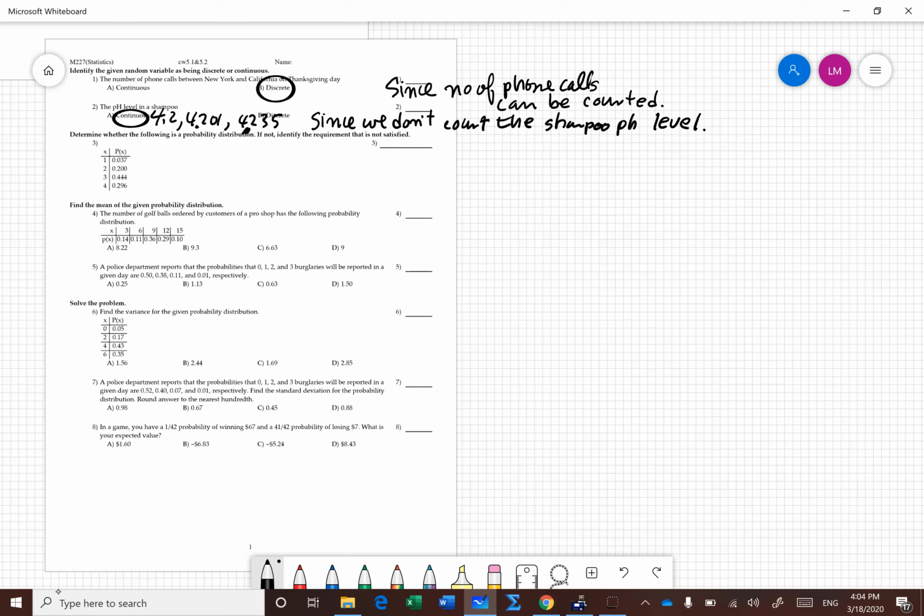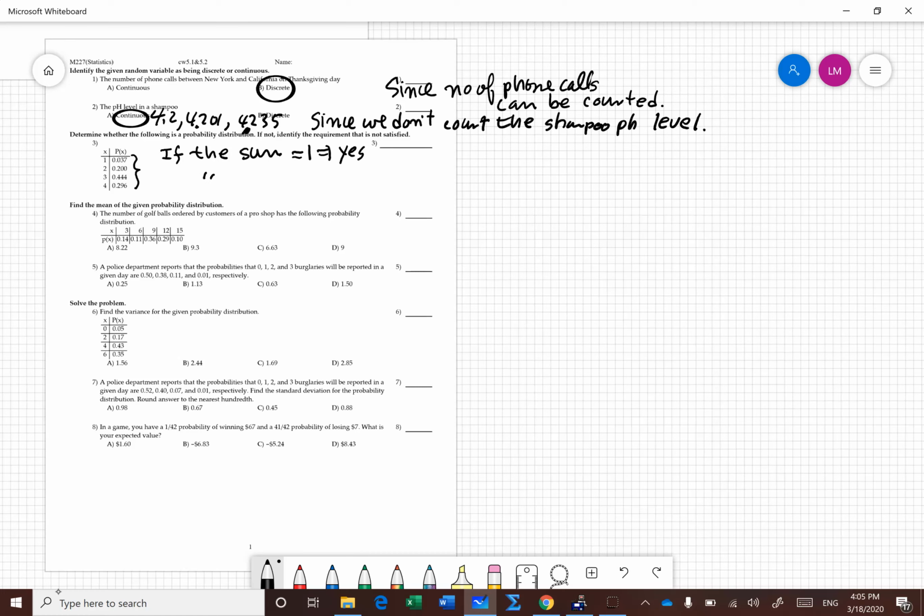Okay, now number 3. They want you to find whether it is a probability distribution. That means you add all these. If the sum is equal to 1, then yes.